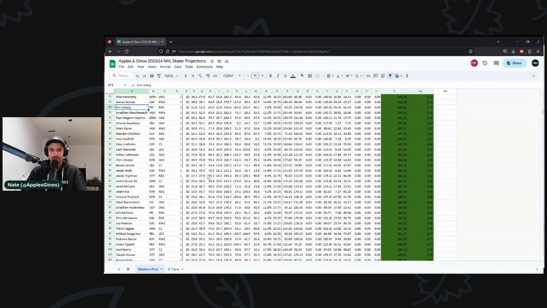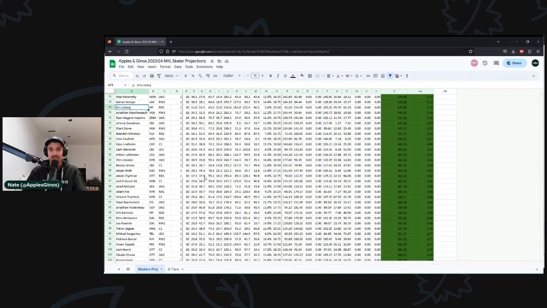This is pretty important to me, that I provide a product that's just easy to use, easy to read, easy to make sense of. So that's obviously important. It obviously has to have the categories that you need. It's not going to do you any good to only have points projections if you're in a banger categories league. So it's obviously got to have the categories that you're looking for.